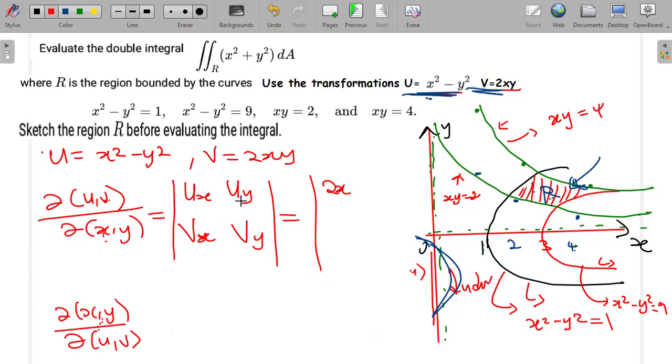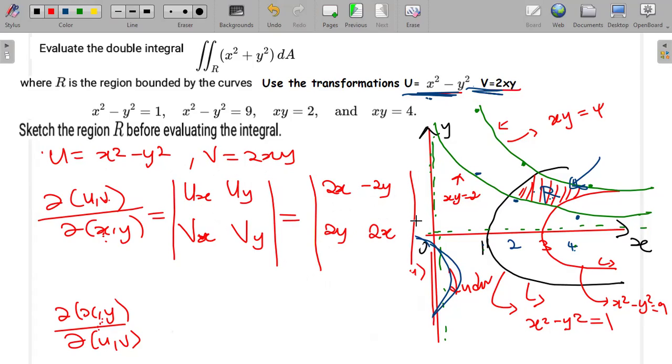Partial of u with respect to y, I get minus 2y. Partial of v with respect to x, I get 2y. And partial of v with respect to y, I get 2x. So that would be my Jacobian there.